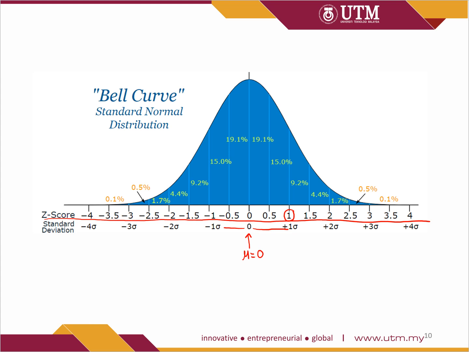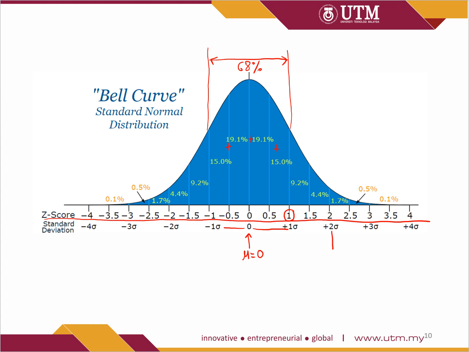So the mean with a standard deviation of 1, you can see here that it covers almost 15 plus 19 plus 19 plus 15, which is almost 68% of the area under the curve with 1 standard deviation.